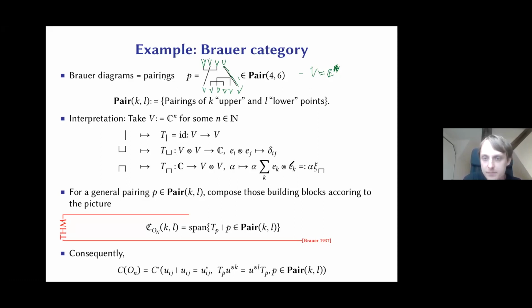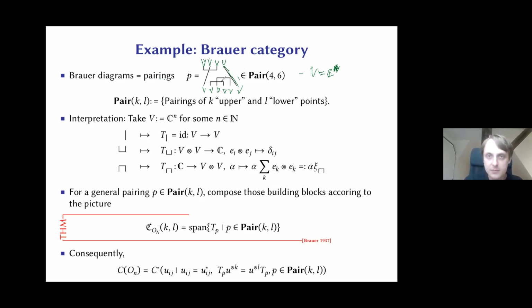This should be some bivector, let's say. So this will be kind of the dual of this form. So here it will be the sum of e_k tensor e_k over all k's, where e_k is some basis. So in this sense, this is just a map from the 4th tensor power of V to the 6th tensor power of V, and so it stands for some linear operator, which we can interpret as an intertwiner.